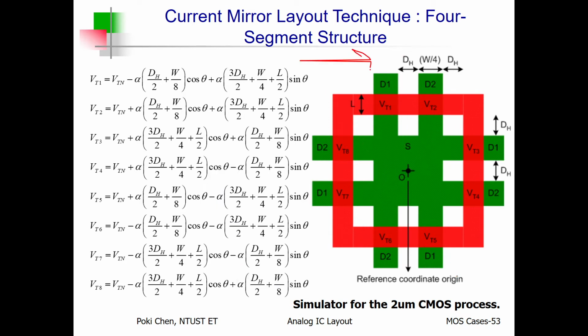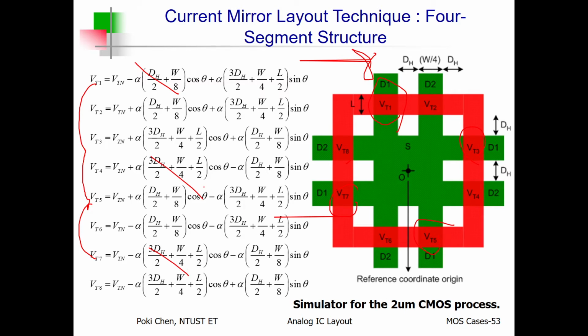Okay, anyway, right now we have totally 8 subtransistors. So for M1, it gets VT1, VT3, VT5, and VT7. If you sum up VT1, VT3, VT5, and VT7, you can see all these terms will be cancelled by each other. Also this one and that one.